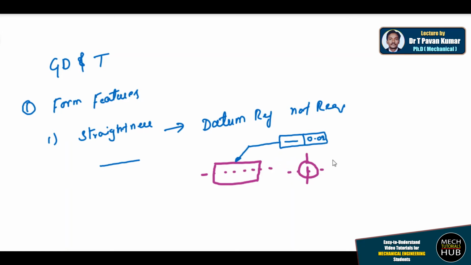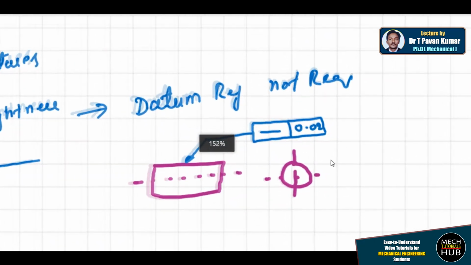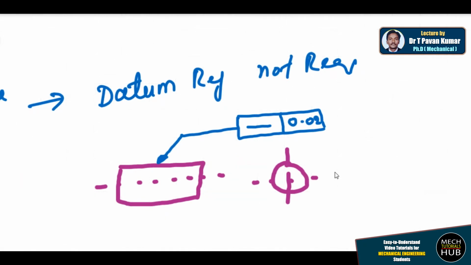I'll increase the size for your understanding. This is the GD symbol, geometrical dimension symbol, followed by the tolerance value. It means the surface is maintaining a surface straightness of 0.02.